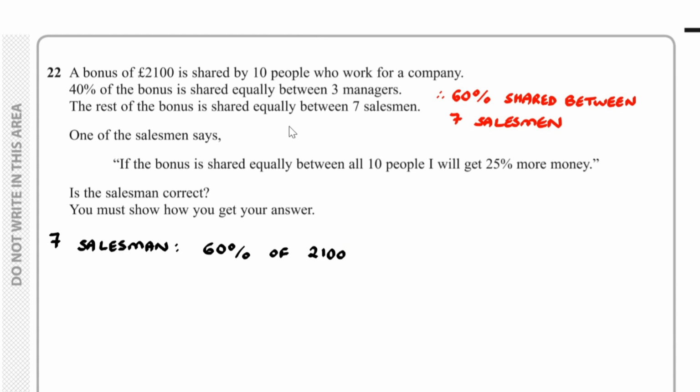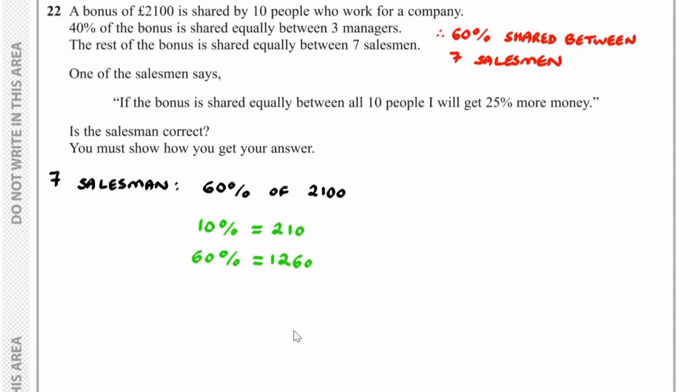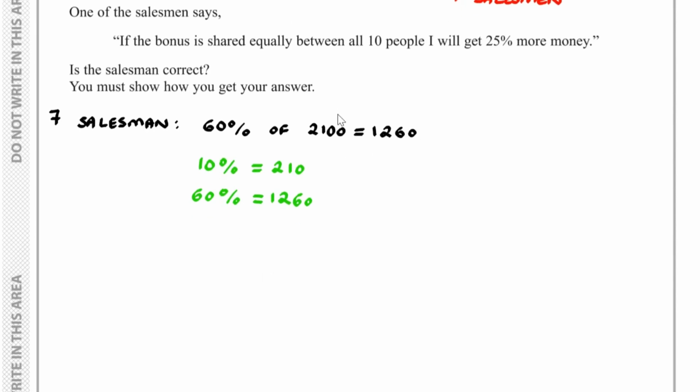If we calculate what 10% is, 10% is 210. And so therefore 60%, multiplying by 6, is equal to 1,260. So that's how much all 7 salesmen get.